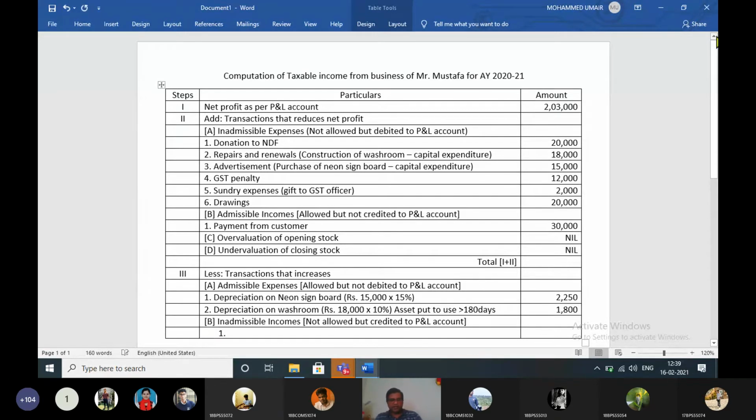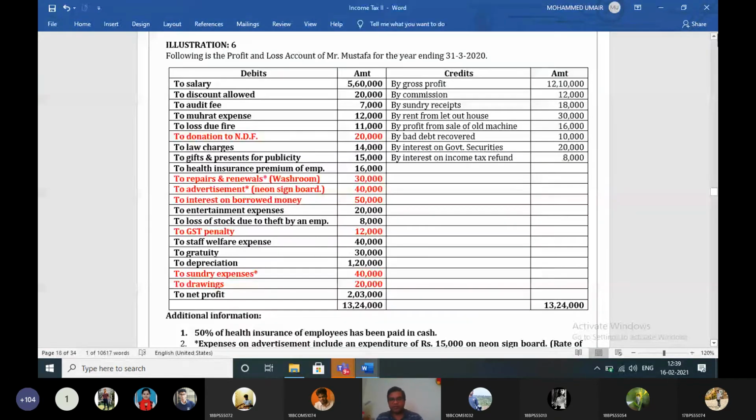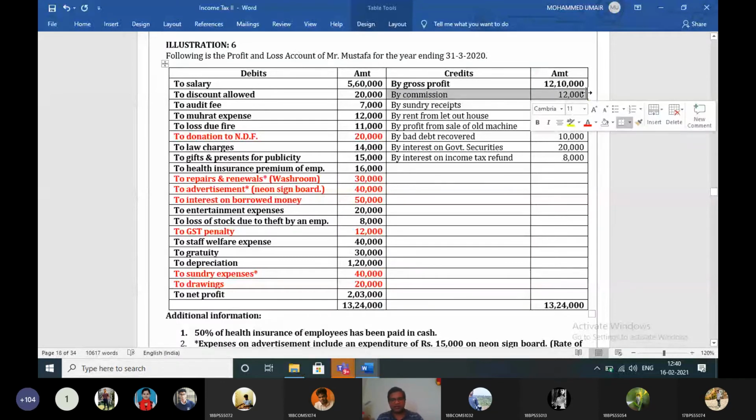Let's look at the credit side of P&L account. The first one is gross profit, which is an accounting adjustment. Then you have commission. So commission received from wholesalers, suppliers, distributors is a business income. Sundry receipts. So these are various small business incomes which are summarized into one single transaction called sundry receipts or sundry incomes.